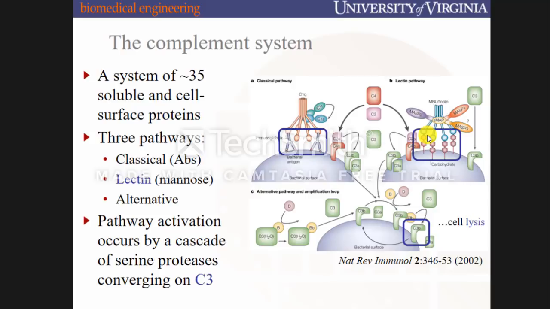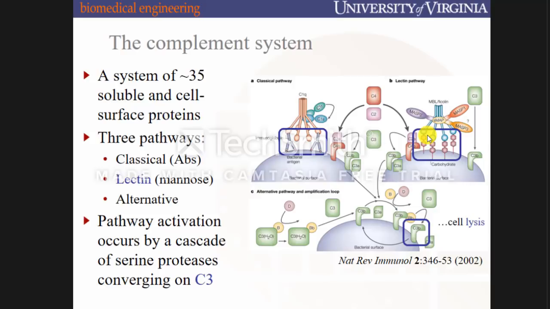And so the way the classical pathway works is there are antibodies that will recognize and bind certain pathogens in the blood, and when antibodies are binding, it's not just one lone antibody that's recognizing antigens. You're going to have many antibodies present on the surface of the microbes where they recognize that antigen.